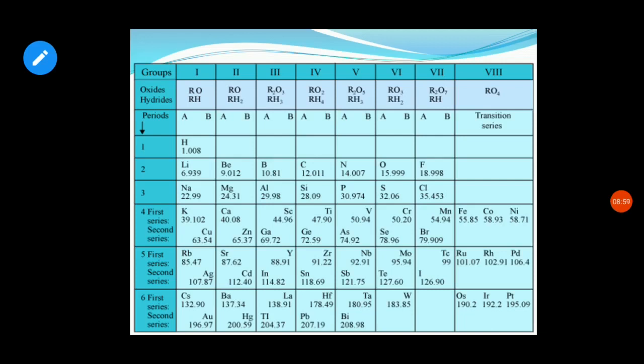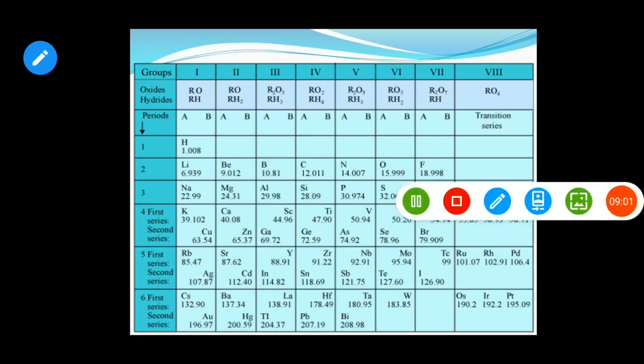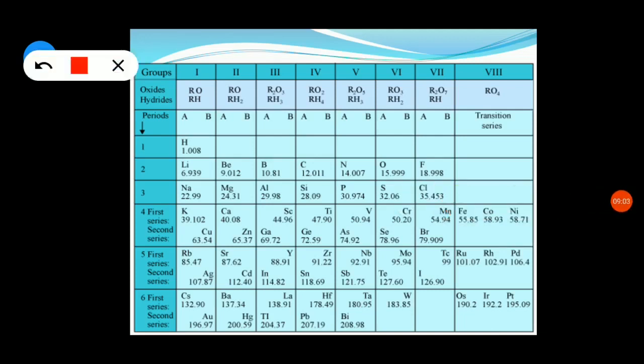Here you can see the periodicity of the arrangement. As I told, periodicity means at fixed intervals, the properties will repeat. Take for example, lithium. When you move a fixed interval, the property will repeat.